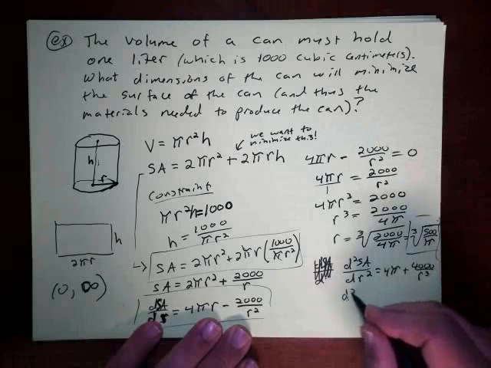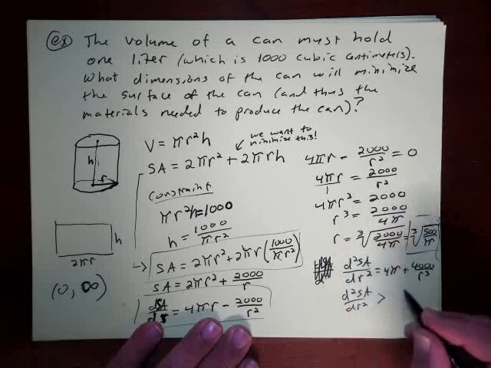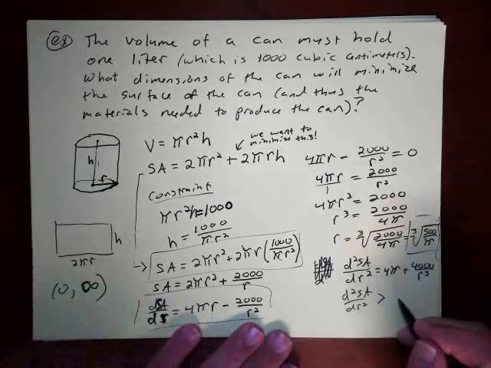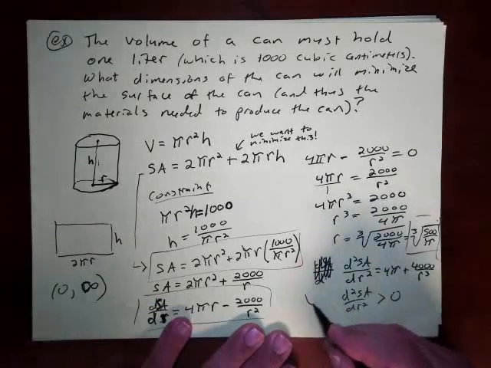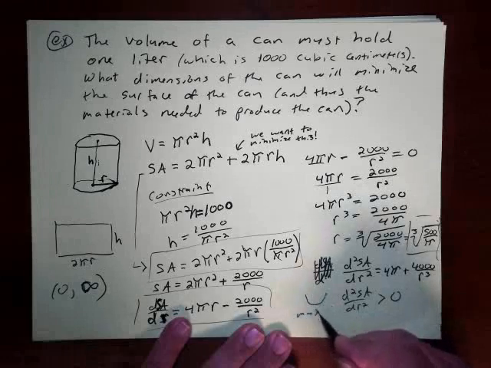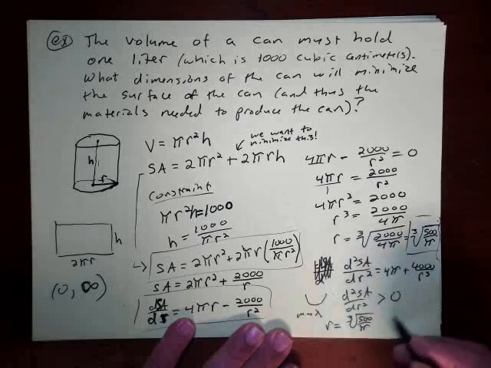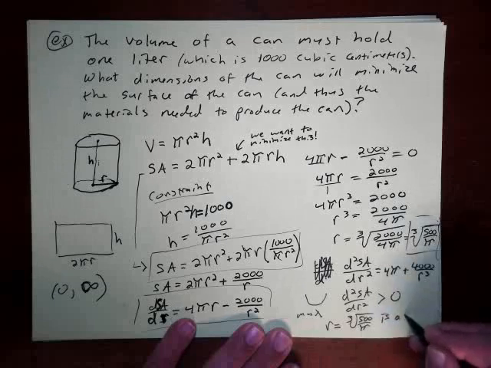So you could say that d squared SA over dr squared is going to be positive. In fact, for any value in this interval, this is going to be greater than 0. If it's greater than 0, it's concave up, which makes it a min, right? So r equals the cubed root of 500 over pi is a relative min.